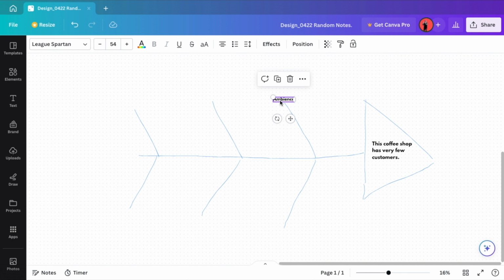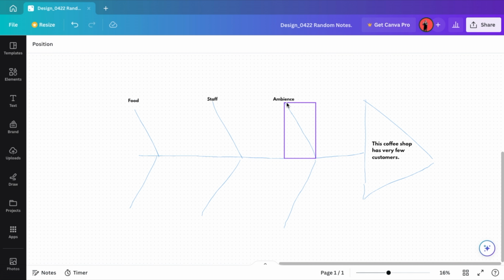Now we'll create another category, which is the staff. We'll create another category, and that's called the food. The food is also an important thing in here. Let's think about other departments.